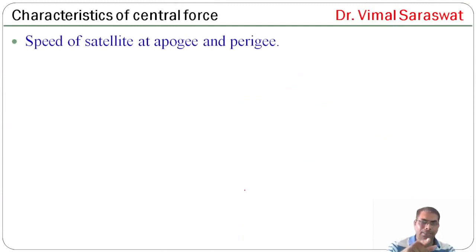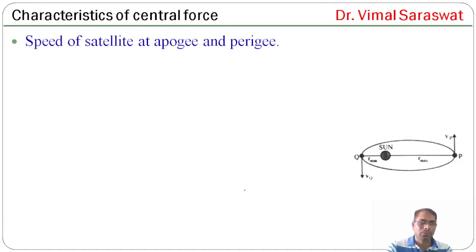Now, the last characteristic is the speed of a satellite at apogee and perigee. Here, the Sun and a planet is revolving around this Sun in an elliptical orbit.